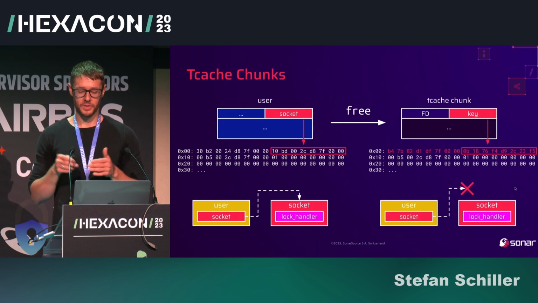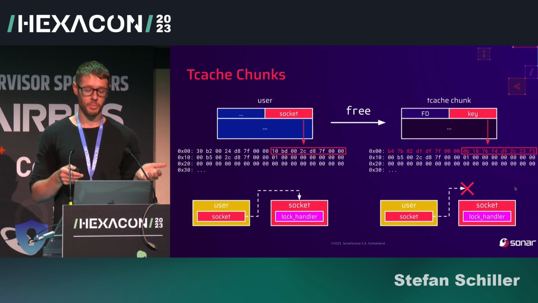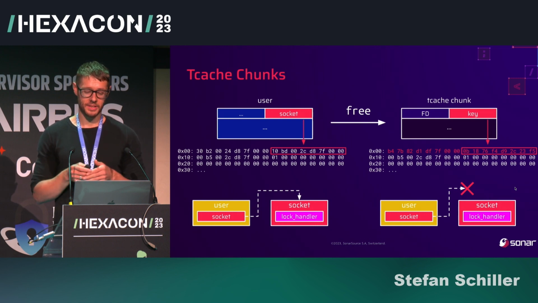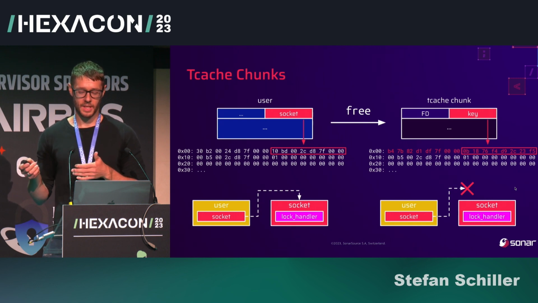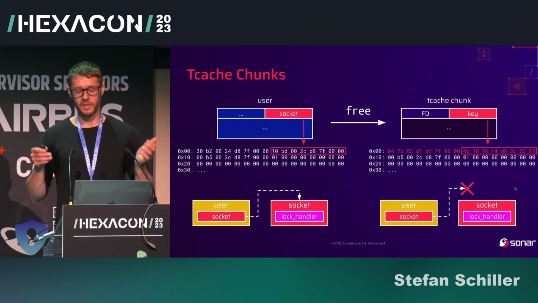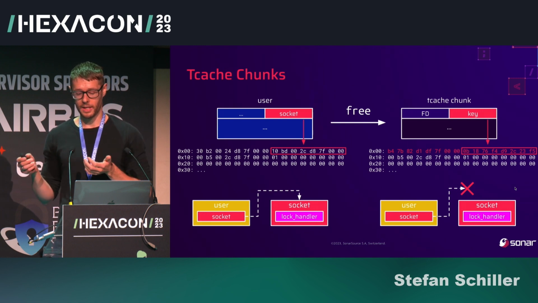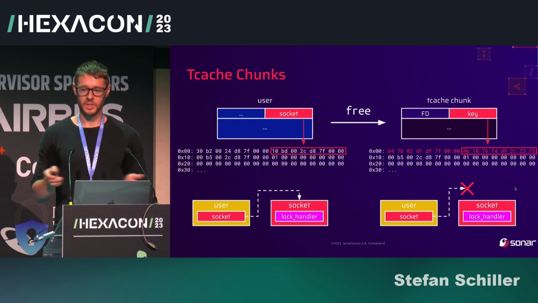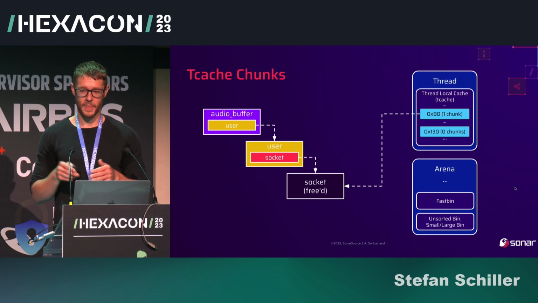Now, when the user is freed, it becomes a chunk in the T-cache bin. Thus, the first bytes are populated with the forward pointer of the singly linked list. But the next 8 bytes are also populated with the T-cache key. Thus, the socket pointer is overwritten and is now corrupted. So even if we could control the lock handler, the socket is just not referenced anymore. So this feels pretty much like a dead end.